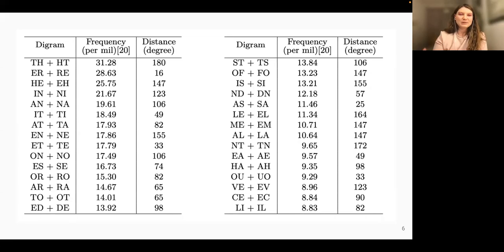But if we look at the most frequent bigrams, combinations of two letters, and look at the QWERTY layout, actually you will see that some of the most frequent ones are placed quite close to each other, but you type them really fast because you use different fingers.